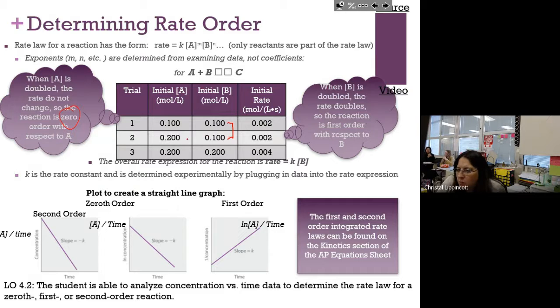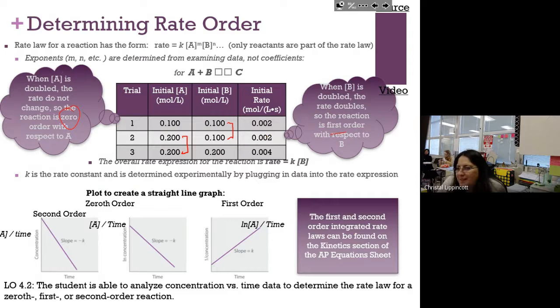Here, when we look at B, we've got to find a spot where A stayed the same, which is here. B doubled here, so that means that it's first order. So overall reaction was first order because that doesn't get brought in. It's 0 with respect to A, because when A doubled, nothing happened to the rate.